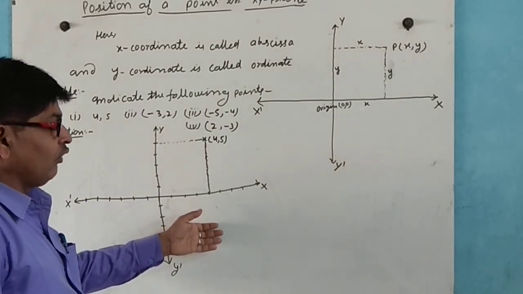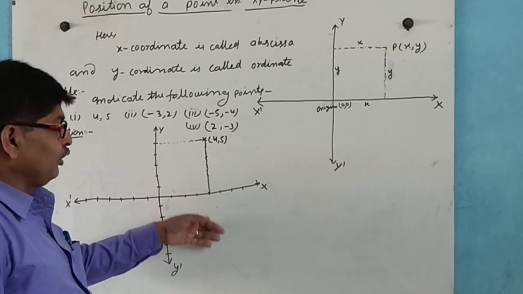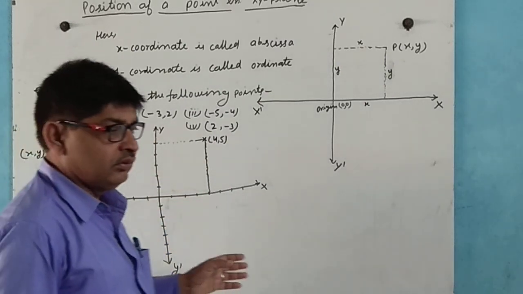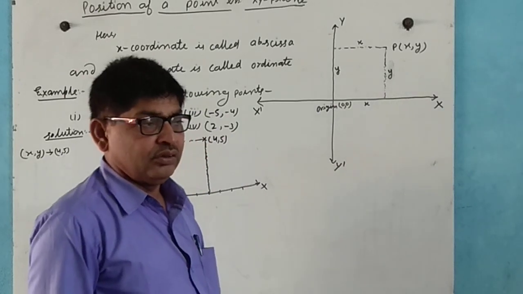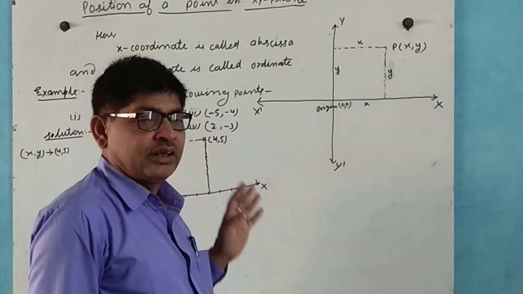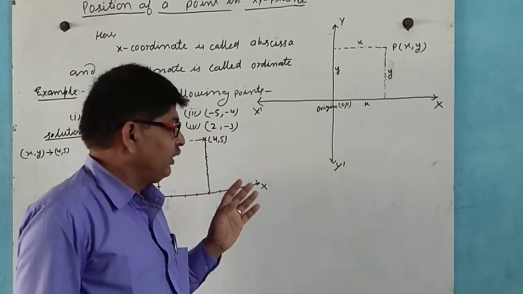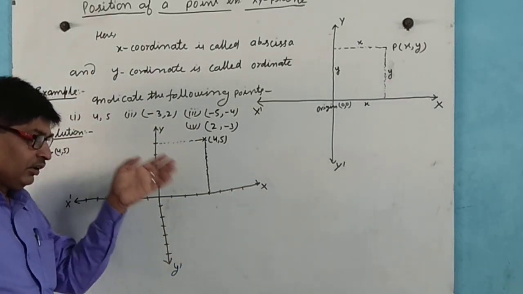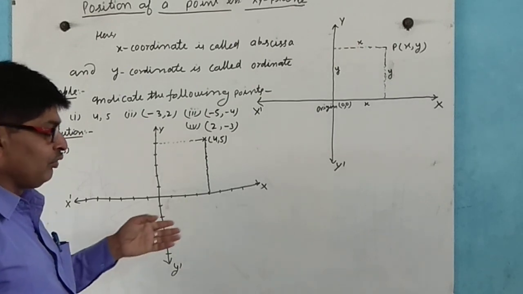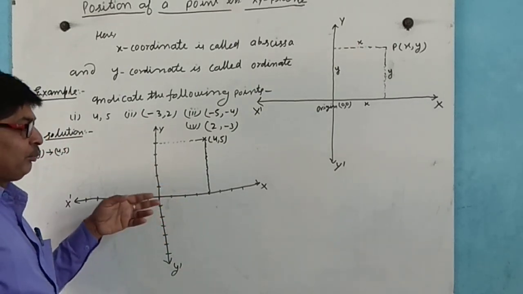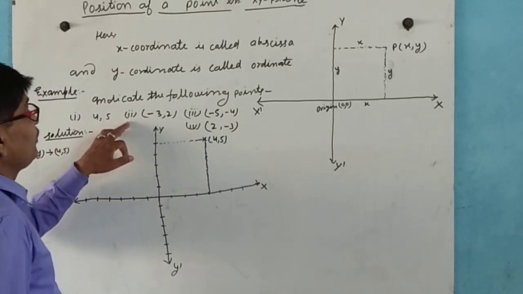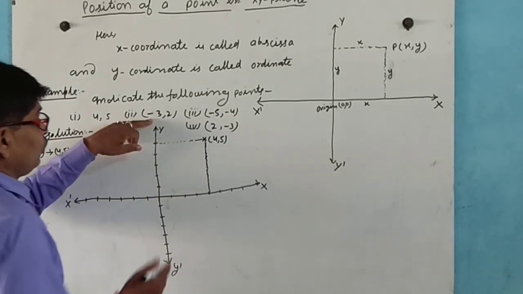We number the quadrants in the anti-clockwise direction, which is positive, and if we count in the clockwise direction, the counting will be negative. Here (4, 5) is the first point. The second point is (-3, 2).